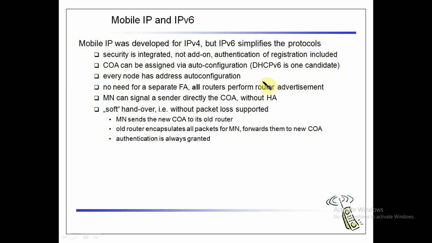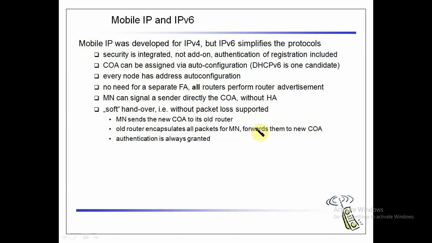Every node has auto configuration. There is no need for a separate foreign agent, and all routers perform router advertisement. The mobile node can signal the sender directly with the care of address without the home agent. It is a soft handover, meaning it is supported without packet loss. The mobile node sends the new care of address to its old router, and the old router encapsulates all packets for the mobile node.